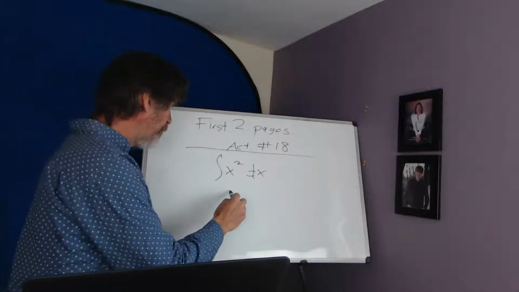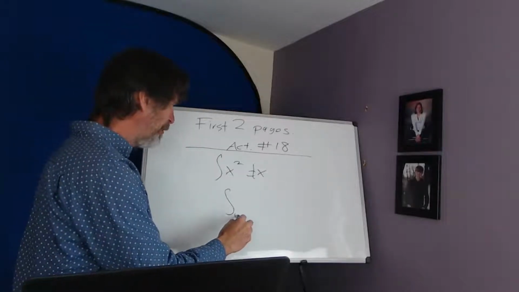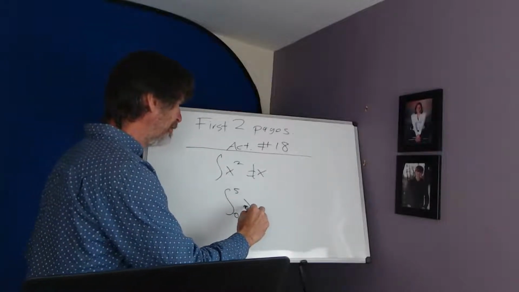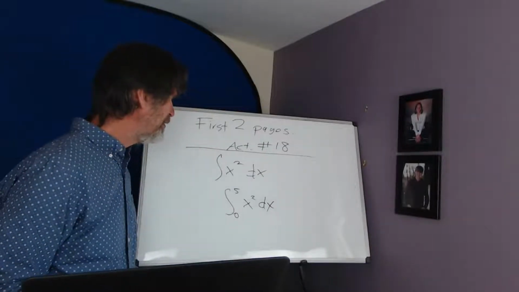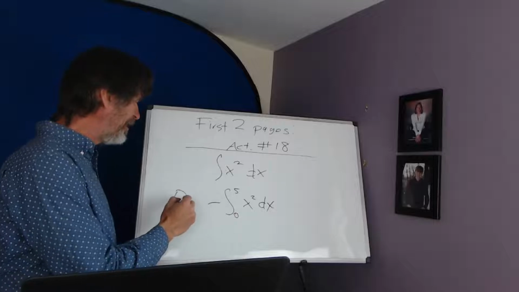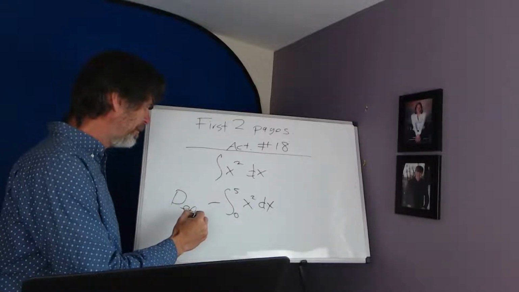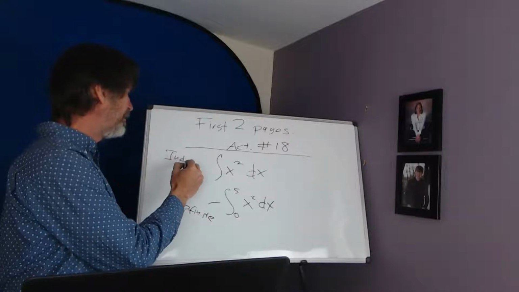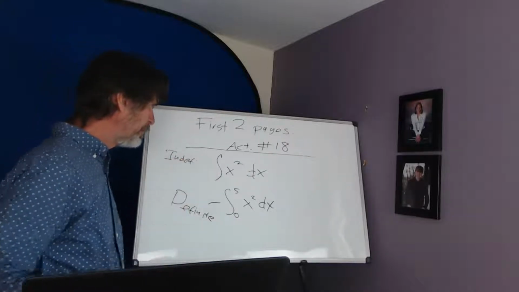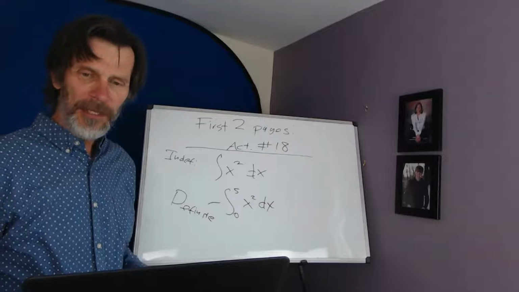Now, as we go forward a little bit, we're going to be looking at something like this. And that's coming up in the next couple of lessons. This is known as a definite integral. And this is an indefinite. So that's the difference between those two.